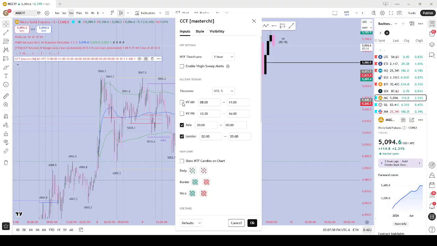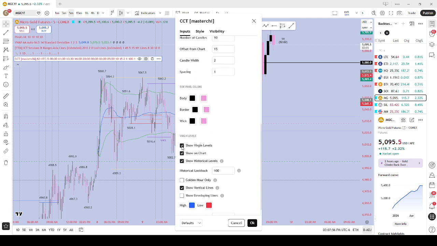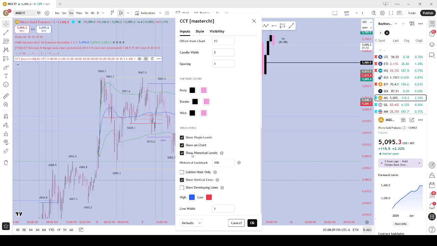These are kill zone sessions. Apparently shows. I don't really understand this. The versions levels are basically like candles that are broke. It's just the way that Navi trades does it. I don't know. I don't pay attention to that.